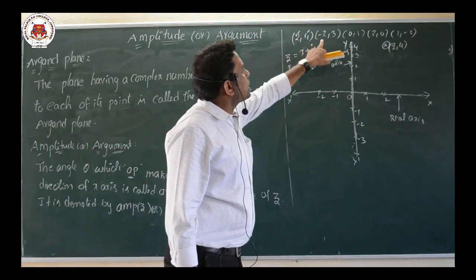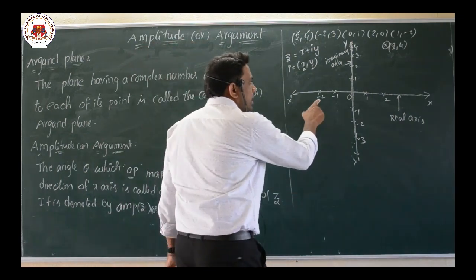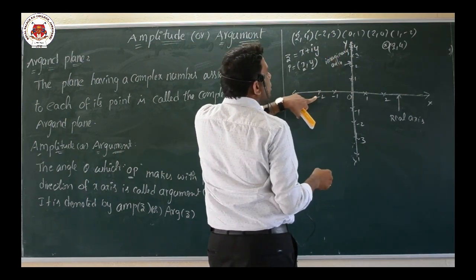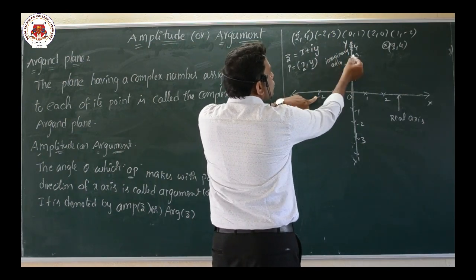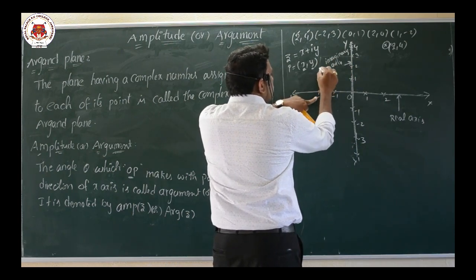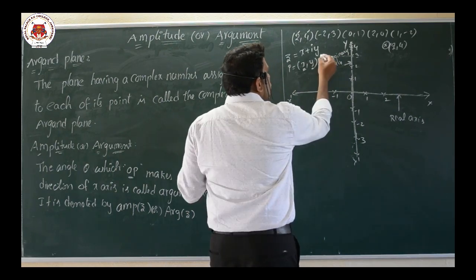Now the next point is (-2, 3). On the x-axis, the negative value -2 is here, and the y value is positive 3. So 3 is here on the y-axis, and both values meet here.